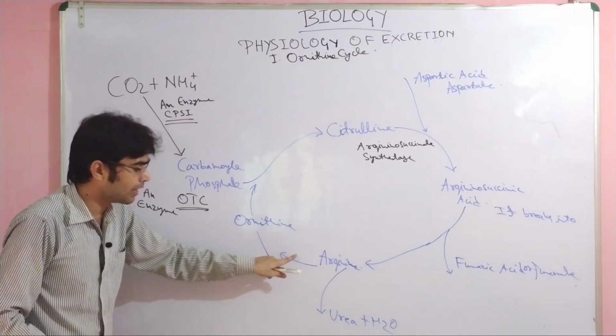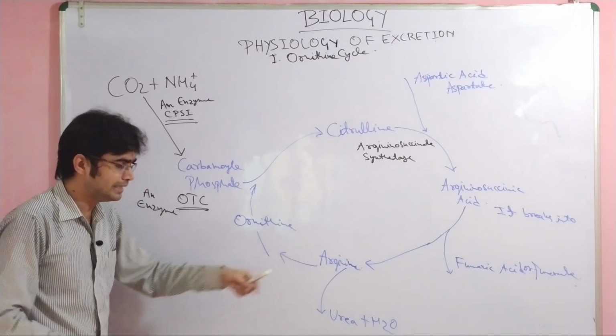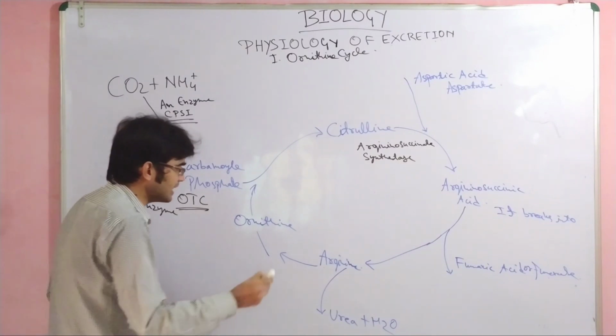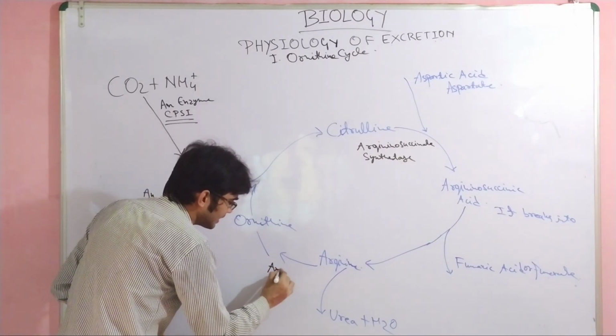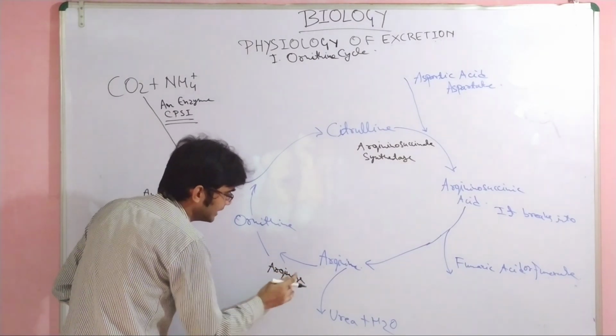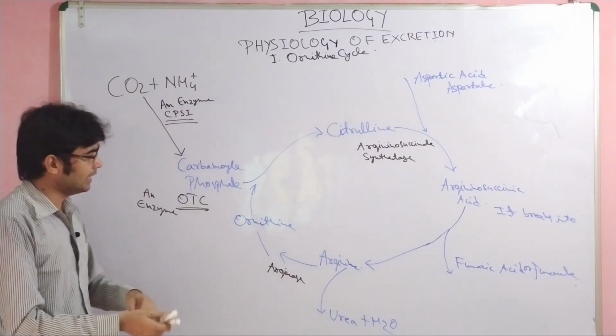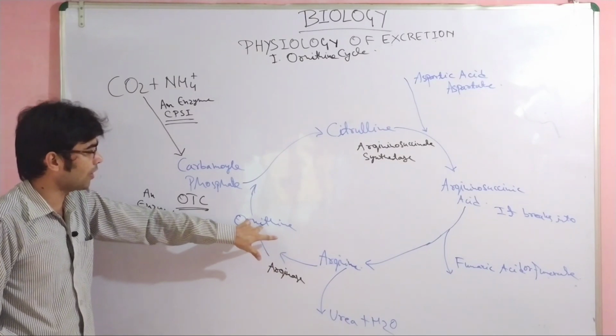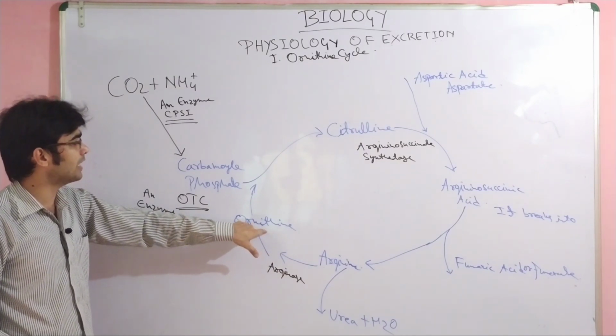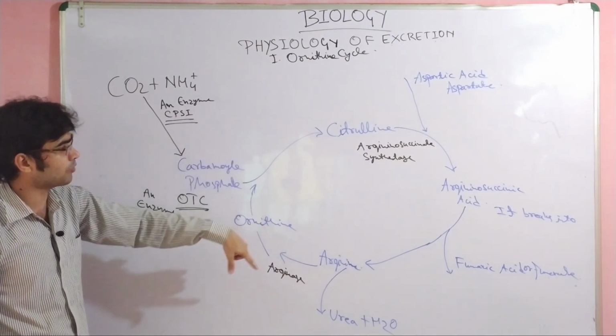Now here one more enzyme is needed, and that enzyme is known as arginase. In the presence of arginase, arginine is converted into ornithine, and then ornithine participates in the cyclic process of the urea synthesis.